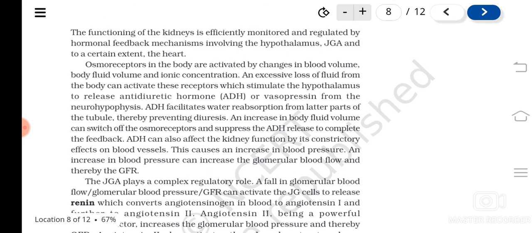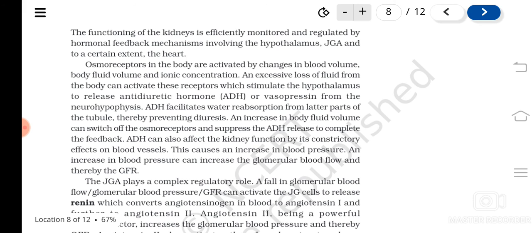If there is excessive loss of fluid, that is, less body fluid, then what will happen? It will stimulate the hypothalamus to release antidiuretic hormone, which will not allow water to be lost from the body, so that enough water can be maintained.